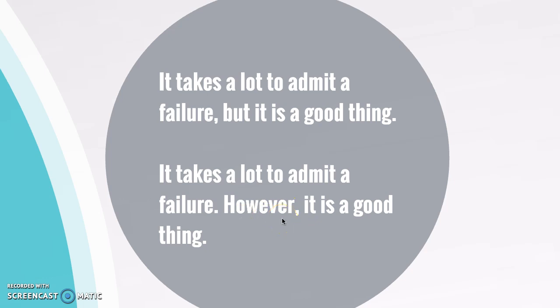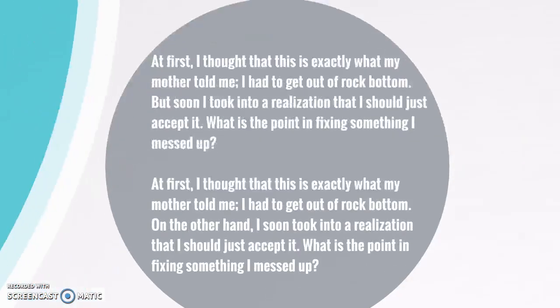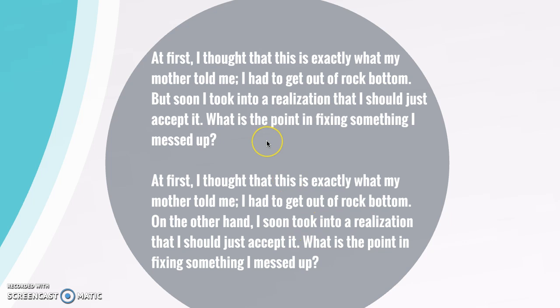So the same idea is conveyed, the same idea saying, even though it takes a lot to admit a failure, this is a good thing. However, being a bit more academic sounding, and if you've used but several times already in the writing and you want to come up with a different way to convey that same idea, however, is a good option.